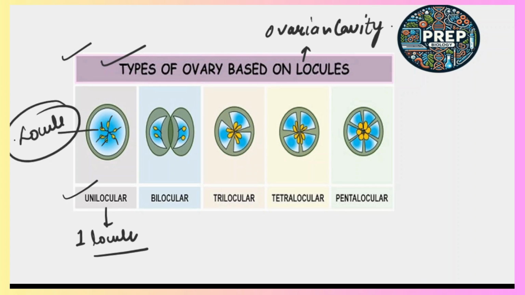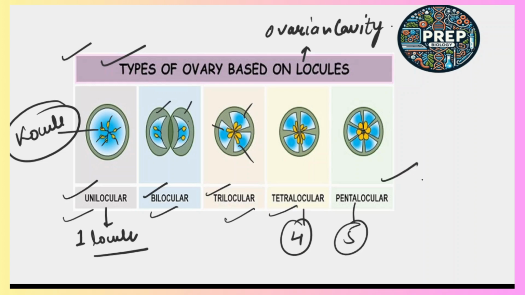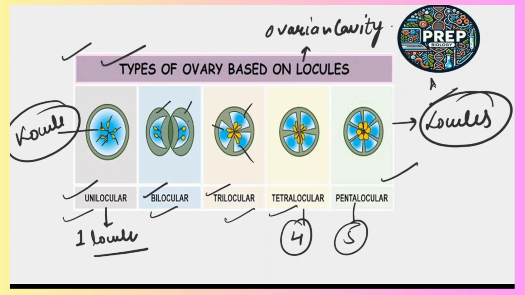Here a single locule is present, that's why it is called unilocular. Some plants have a bilocular ovary. Bilocular means two chambers are present. This is 1 and this is 2. We have a trilocular ovary, where 1, 2 and 3 chambers are present. So we have unilocular, bilocular, trilocular. Tetra means 4 chambers, penta means 5 chambers. These are the types of ovary based on the locules. So note it down.